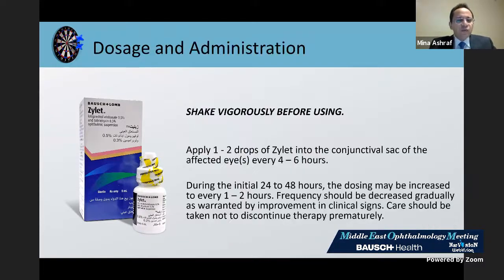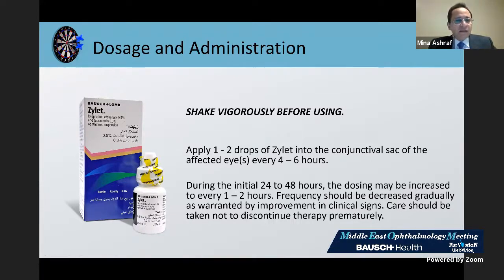And with Xylet, we apply 1 to 2 drops into the conjunctival sac of the affected eye every 4 to 6 hours. However, during the initial 24 to 48 hours, the dosing may be increased to 1 to 2 drops every 1 to 2 hours. And frequency should be decreased gradually as warranted by improvement in clinical signs, and care should be taken not to discontinue the therapy prematurely.